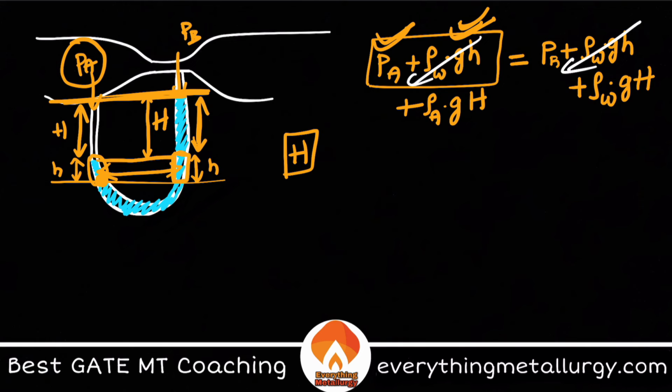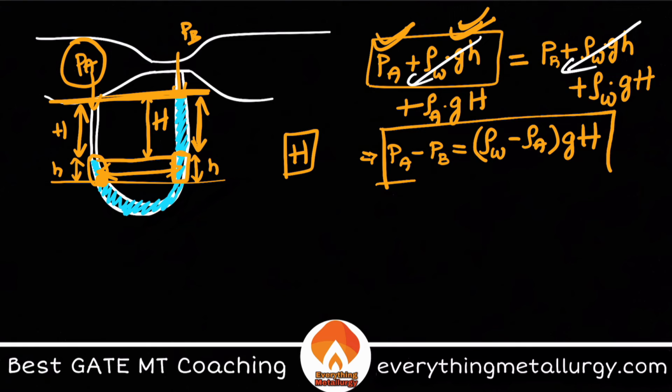So now what are we left with? We are left with PA minus PB is equal to, if you take GH common, rho W minus rho A into GH. So this is how the equation for the liquid that is present inside the manometer can be formed.